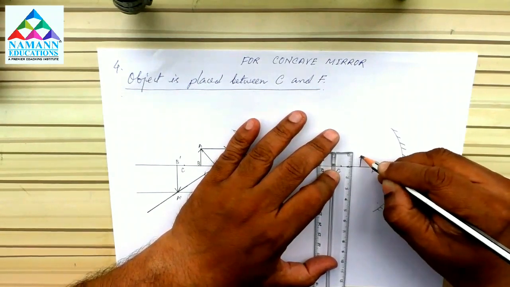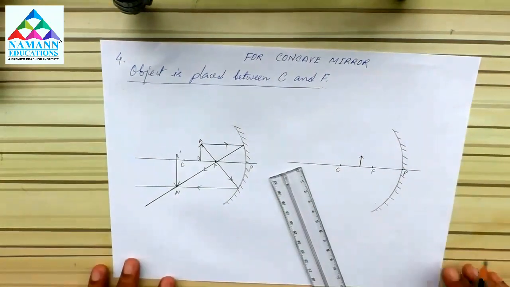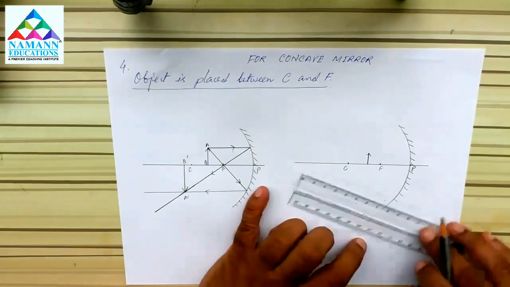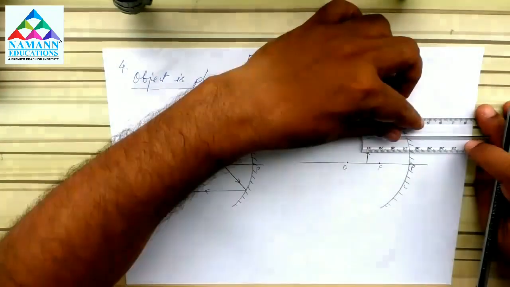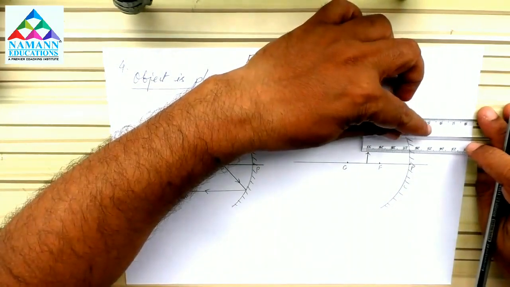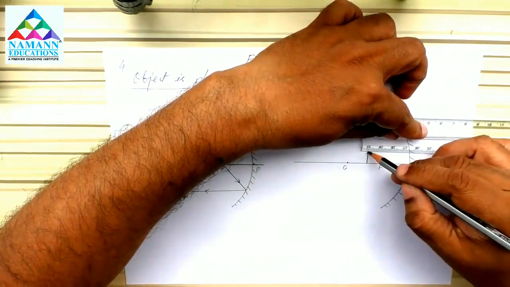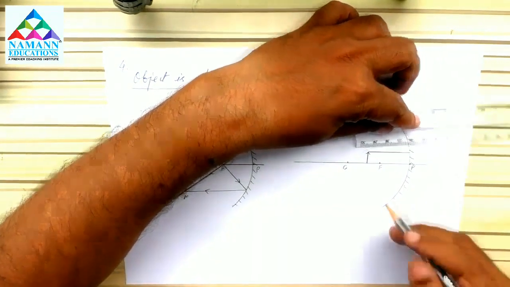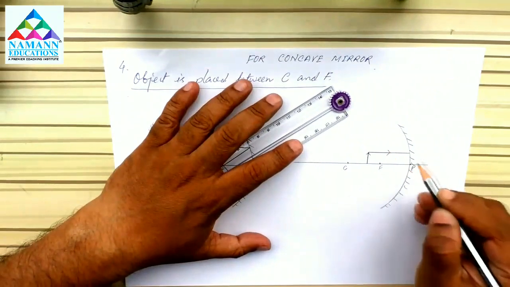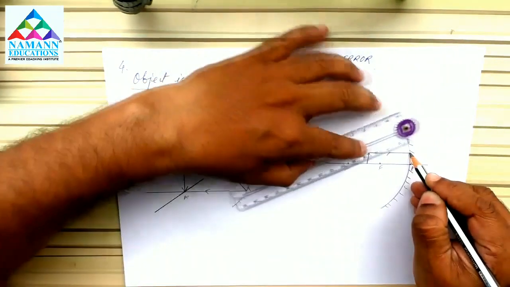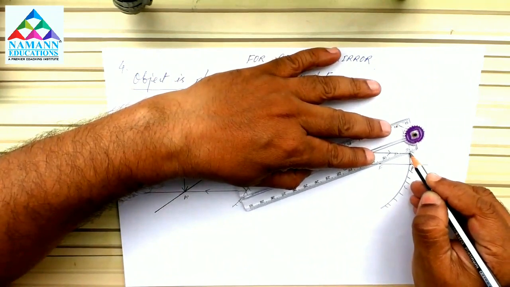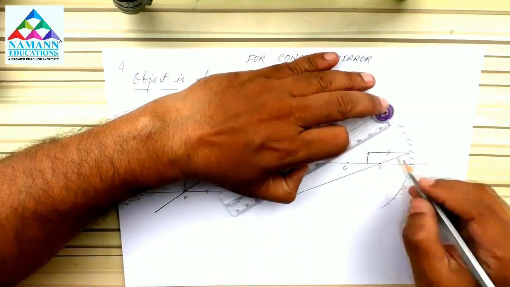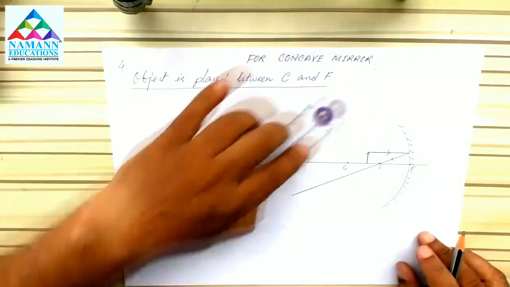Object is placed between C and F, and a ray of light incident parallel to the principal axis. If a ray of light is incident parallel to the principal axis, after reflection, we know that this light ray passes through focus. This light ray passes through focus.